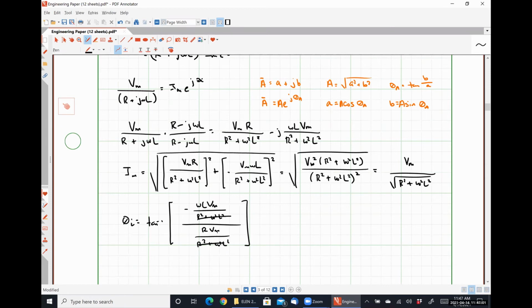The denominators cancel, the Vm's cancel, and we get arctangent of negative omega L over R, which is the same as negative arctangent omega L over R. So we have the exact same magnitude and the exact same phase angle. And we got there more quickly, but not super quickly. It was less calculus for sure, all that kind of stuff.